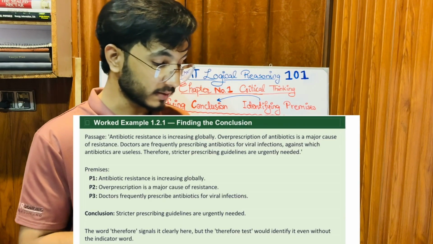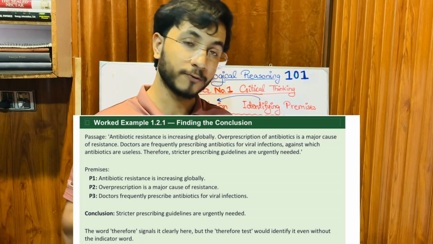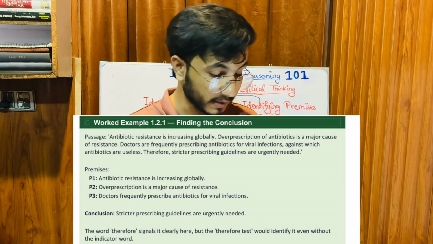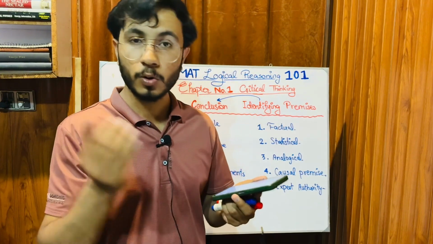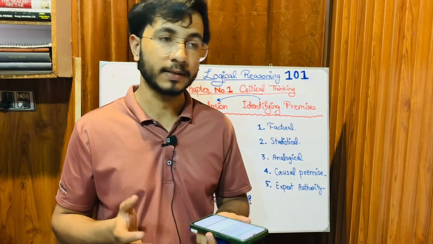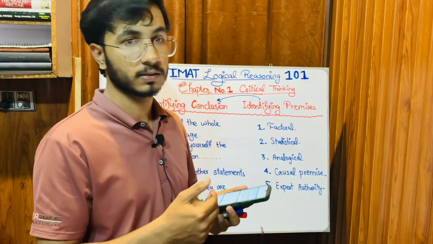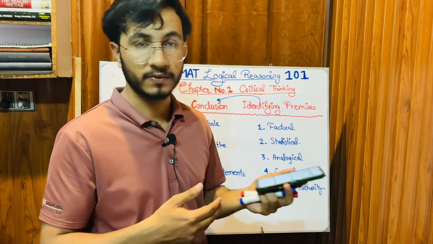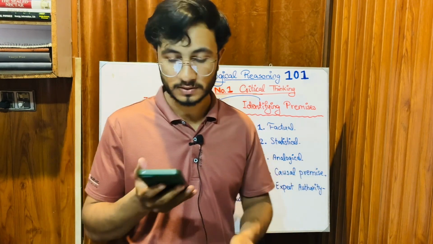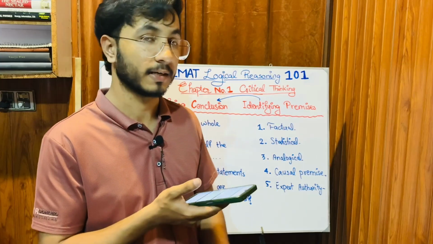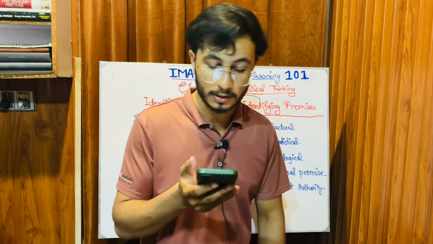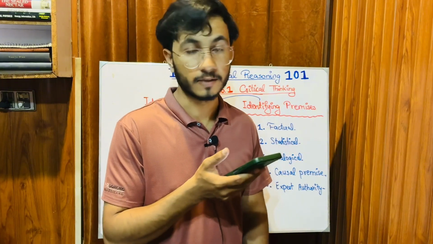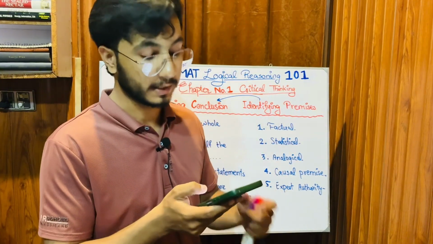The third premise is that doctors are frequently prescribing antibiotics for viral infections, against which antibiotics are useless. So all three premises are telling us that antibiotics are causing people to become resistant to infection, and that's why guidelines are urgently needed. So the conclusion has been proved by the premises given to us. That's how you find a conclusion.